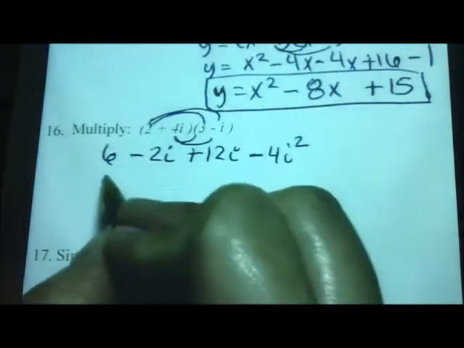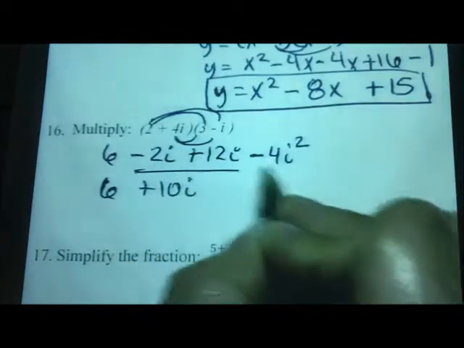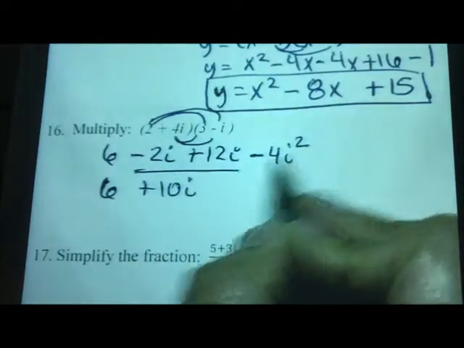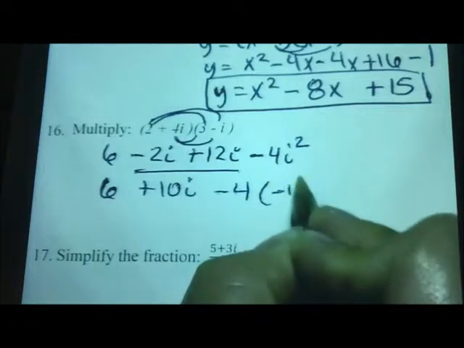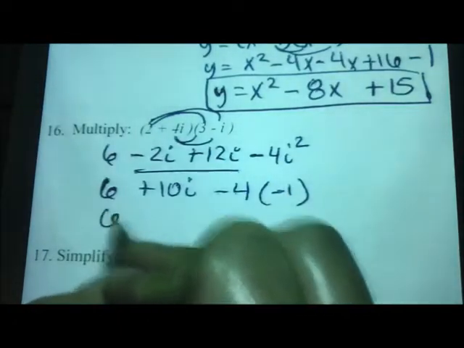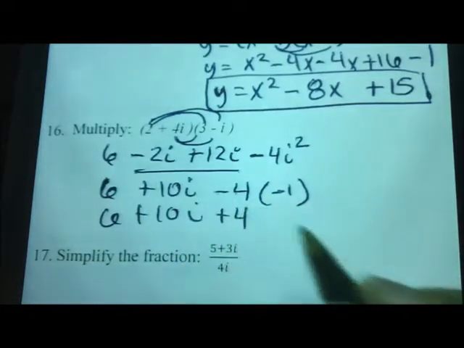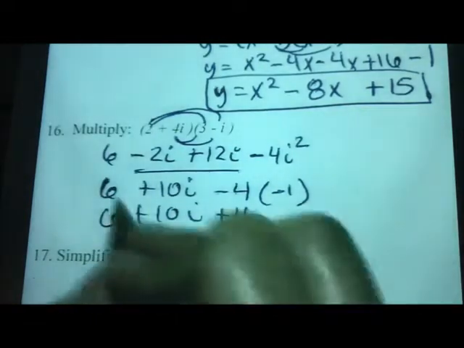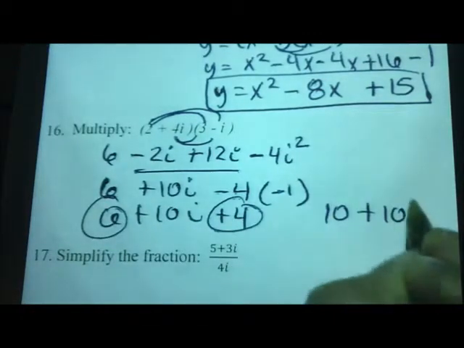So I have 6, these two, we combine them, I get 10i. Negative 4i squared, please remember i squared means negative 1. So 6 plus 10i, this now becomes a plus 4. These two numbers combine, 10 plus 10i.